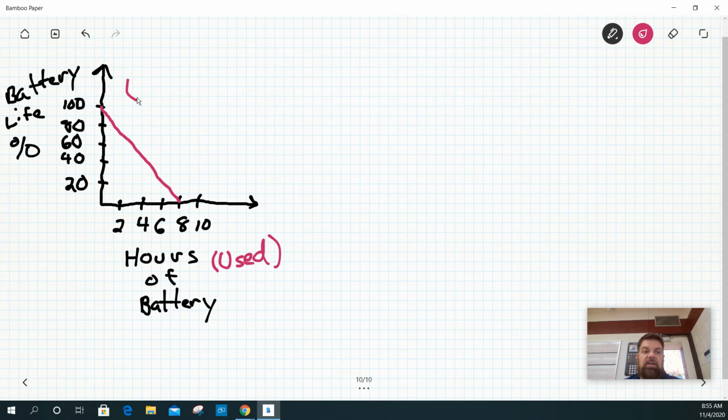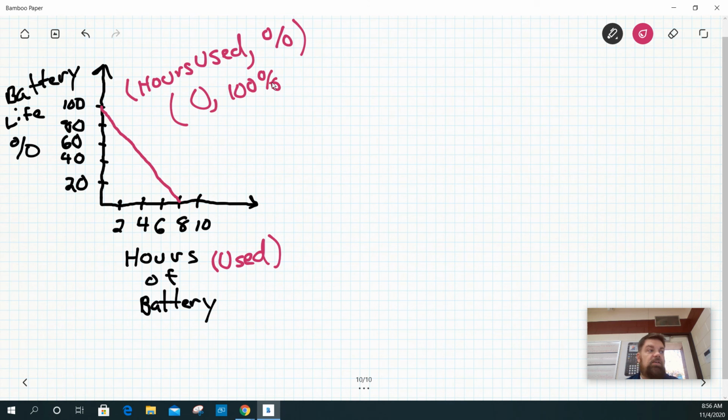So what I'm comparing is my x value is the hours used versus the percentage of the battery life, right? So in other words, when the battery has not been used at all, when it's been used 0 hours, it has 100% battery life, okay?